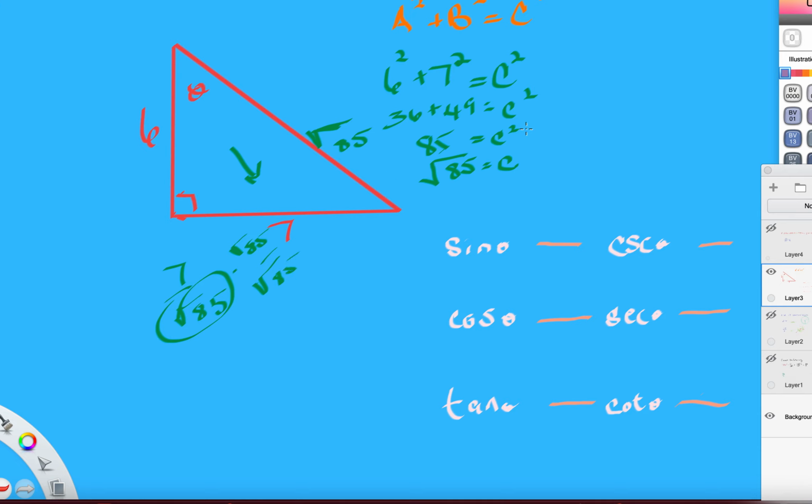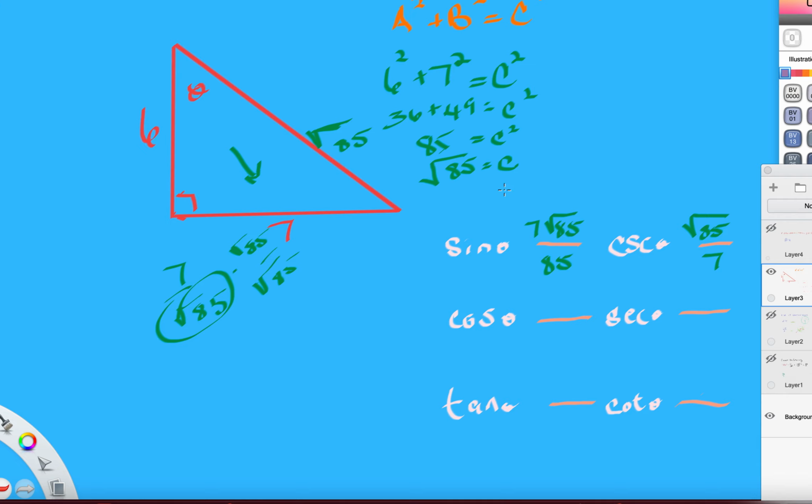When I do that, what I'm going to end up with is 7 times root 85 over 85. Now, I originally had 7 over root 85, so when I show the reciprocal over here, I do have my root 85 in the numerator and 7 as the denominator.